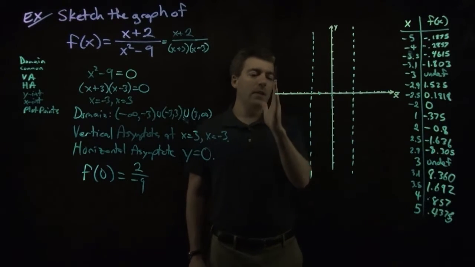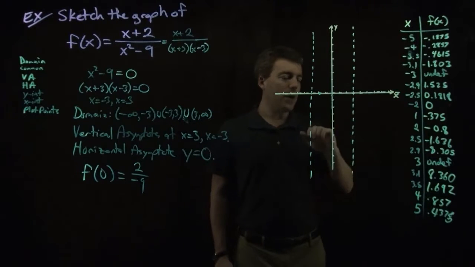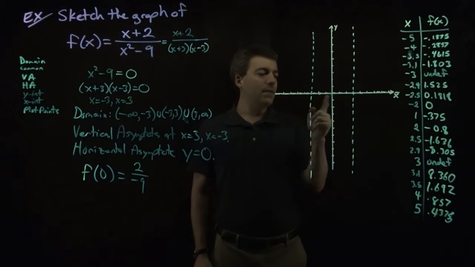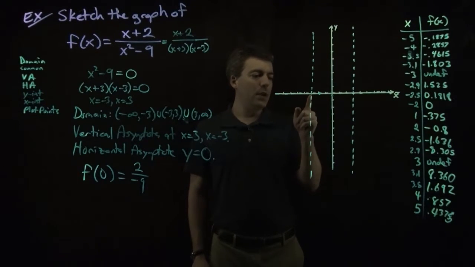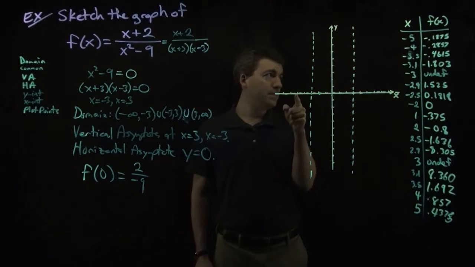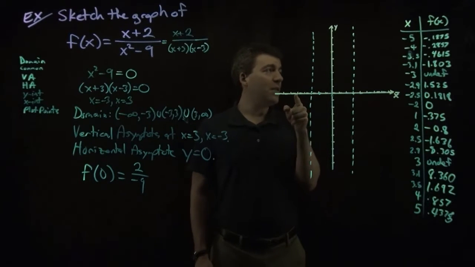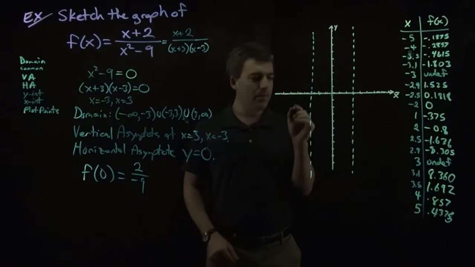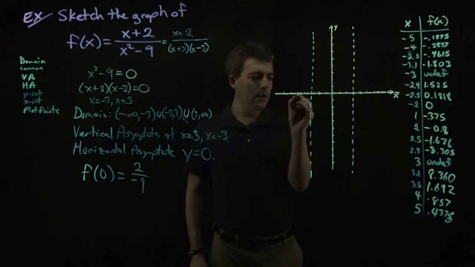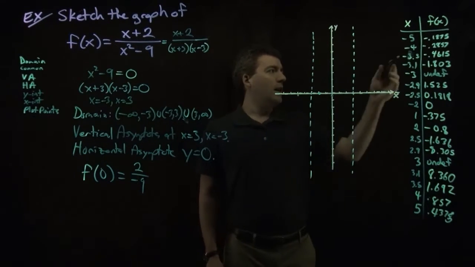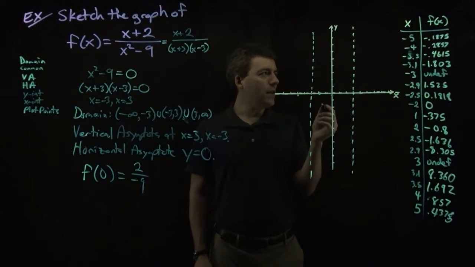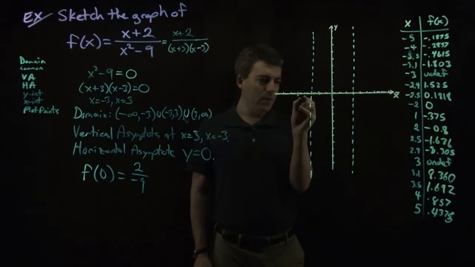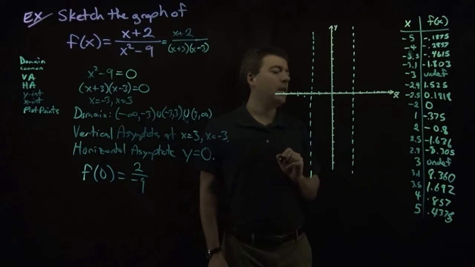Let's start here on the left and add some points going to the right. At x equals -5, so 1, 2, 3, 4, 5, the output is negative 0.1825, so that's about a fifth. So put that right there. At -4, we have negative 0.28. It's about a quarter, a little bit less.